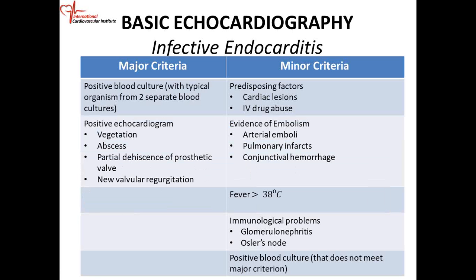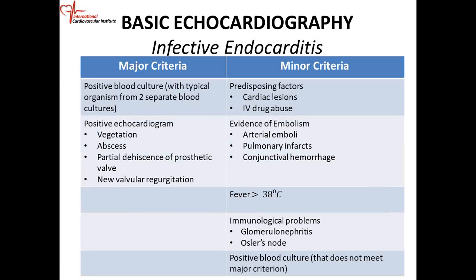And then evidence of embolism, that is the breaking off of the infected material with distal propagation. So if the patient has, say, a CVA, embolization to the gut, to the bowels, or the lower extremity, pulmonary infarct, because if the patient had, say, a tricuspid vegetation, and this tricuspid vegetation breaks off, it can travel to the lung and cause an infarct.